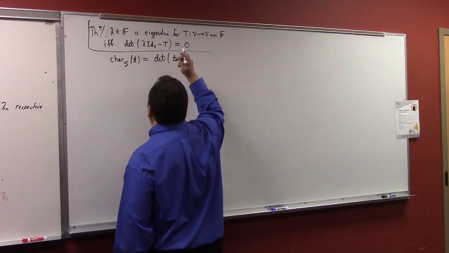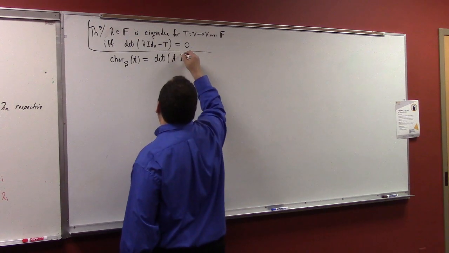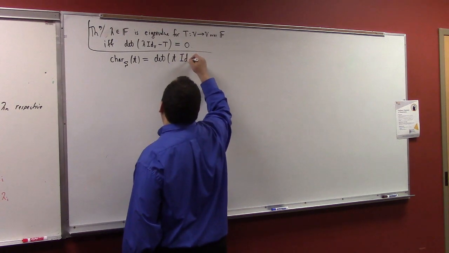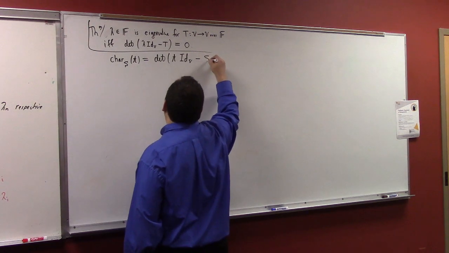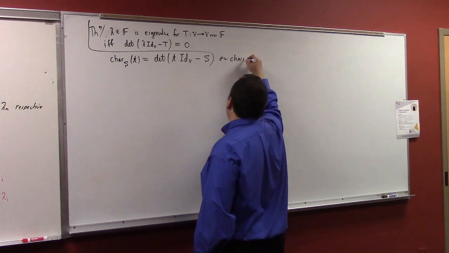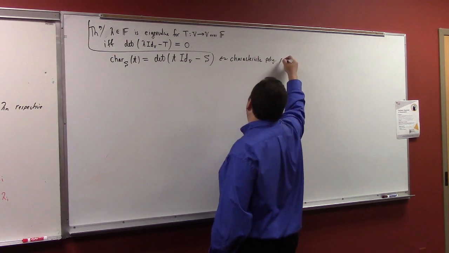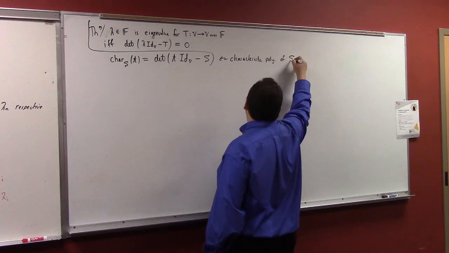The characteristic polynomial of the S transformation would be the determinant of T times the identity on V minus S. This is the so-called characteristic polynomial of S.